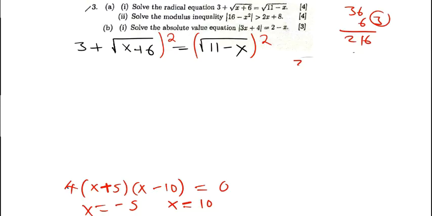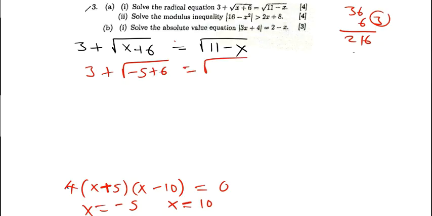So let's get back to our radical equation. And then let's try just to plug in negative 5. So for negative 5, we've got 3 plus negative 5 plus 6, and then 11 minus negative 5.